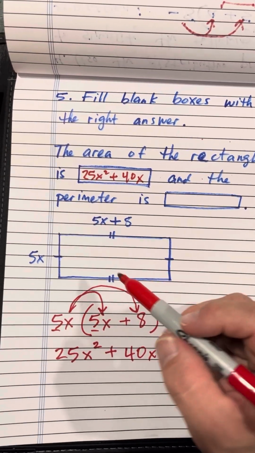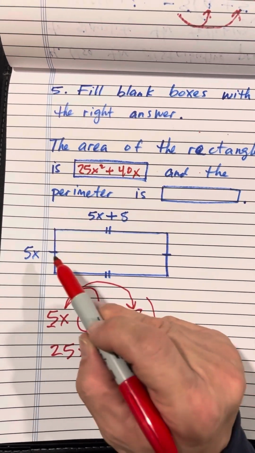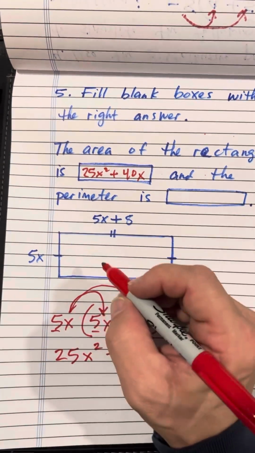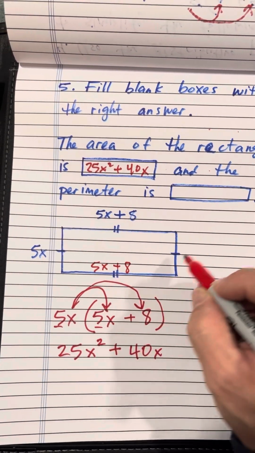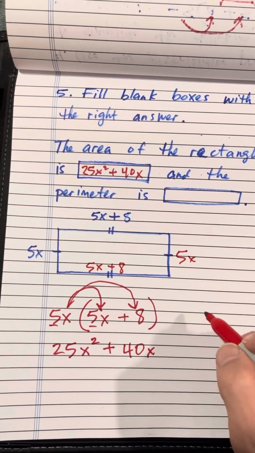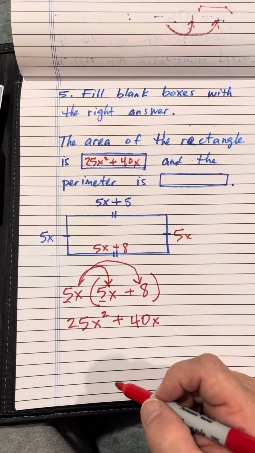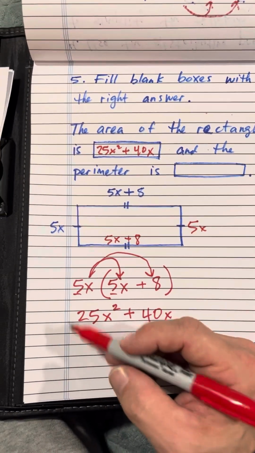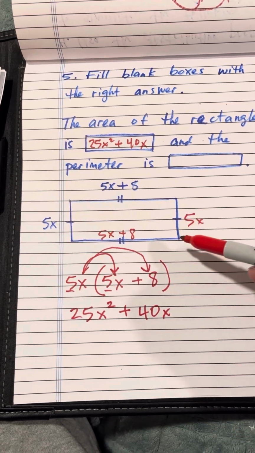Okay, the perimeter, well, we know that these two sides are the same length, and these two sides are the same length. So this side is also going to be 5x plus 8, and this side over here is going to be 5x. So we just need to write a linear expression and then combine our like terms. Remember, the perimeter, we're just going to add all the sides together.